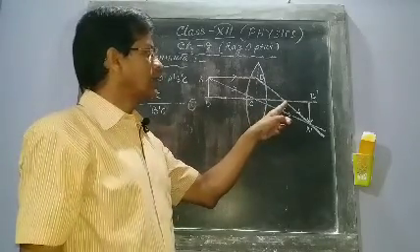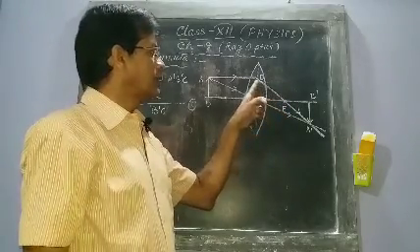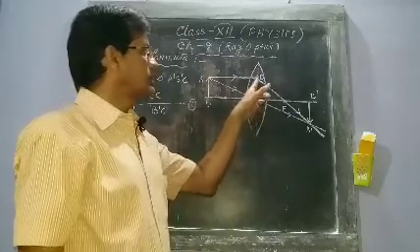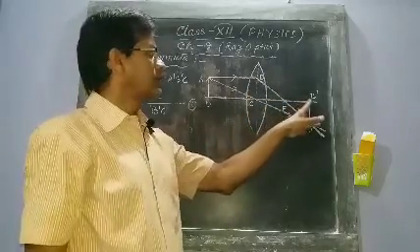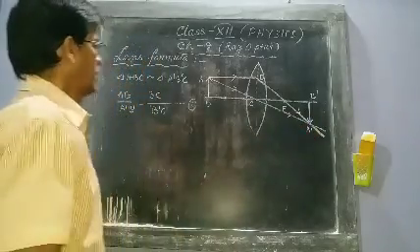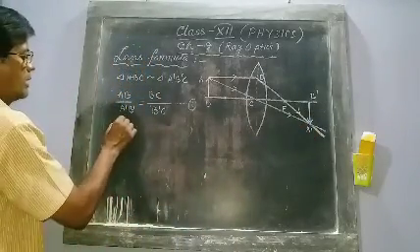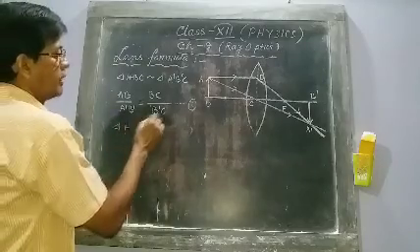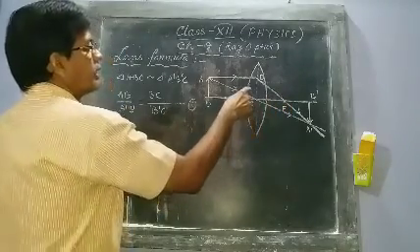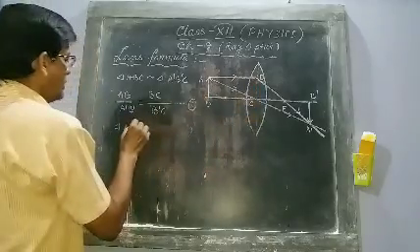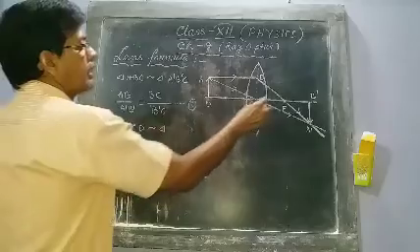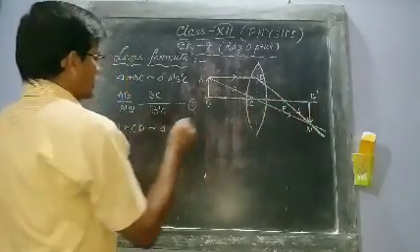Again you see, triangle FCD is similar to triangle FB dash A dash.